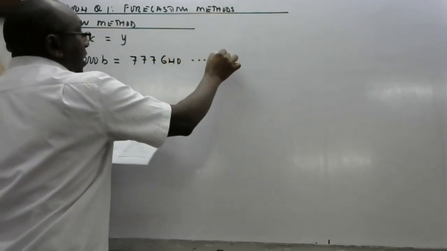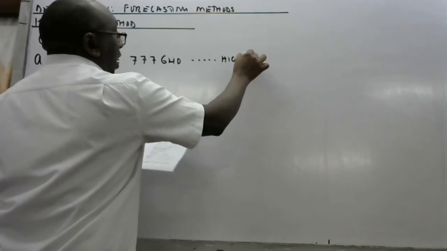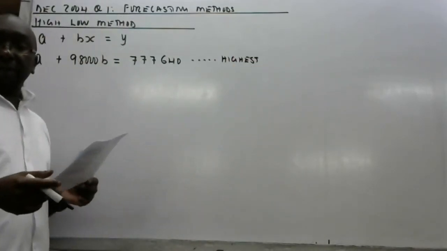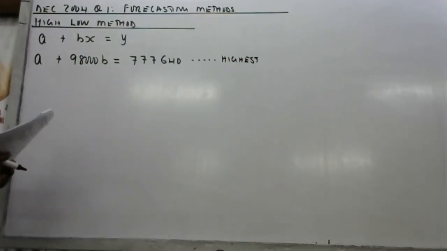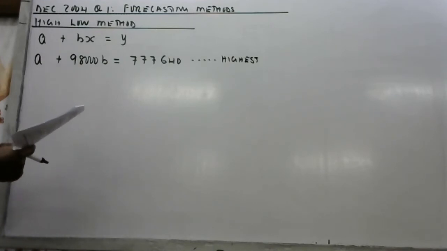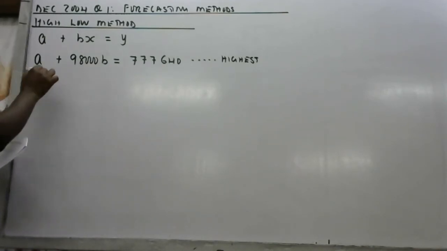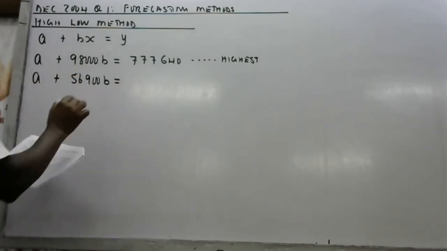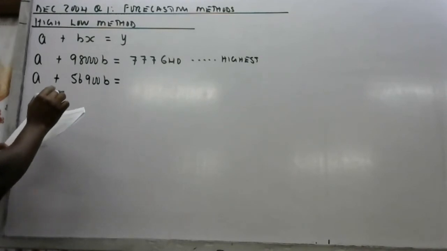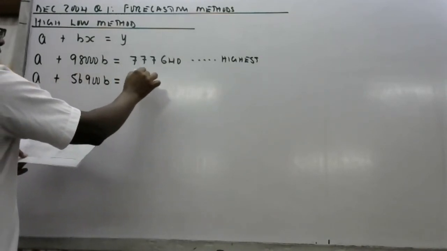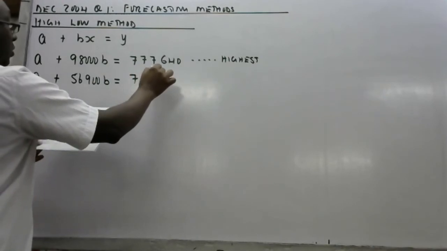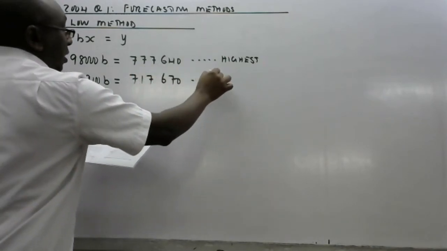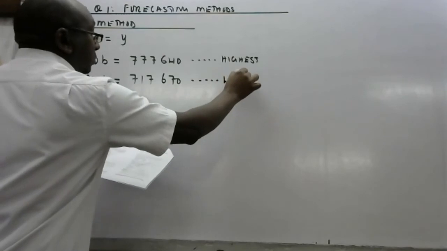And this is the highest. I hope you have seen that. Then the lowest is 56,900. So A plus 56,900 B. The cost ya huyo ni 717,670. This is the lowest.